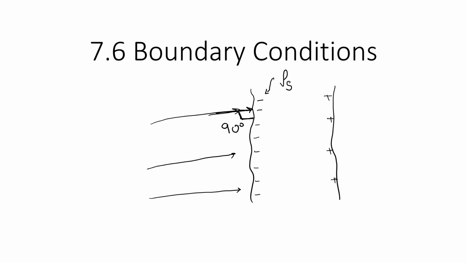Let us now try to quantify what the relationship between this electric field and this charge will be, and also prove mathematically that there will not be an electric field which would be parallel to the conductor at that boundary.